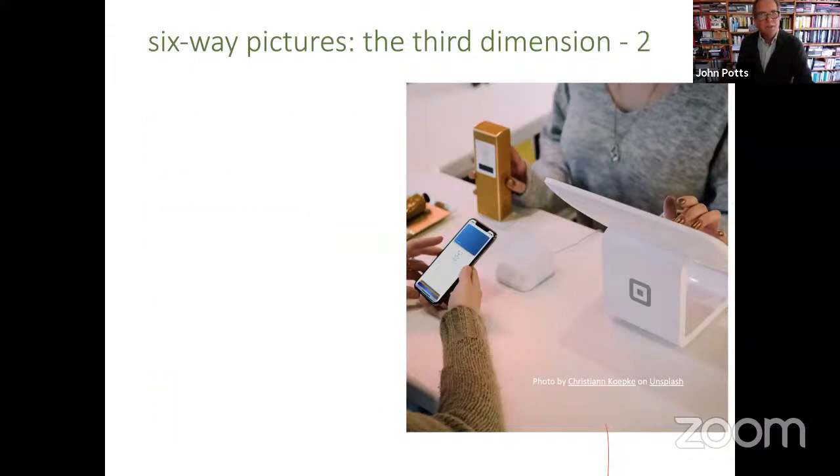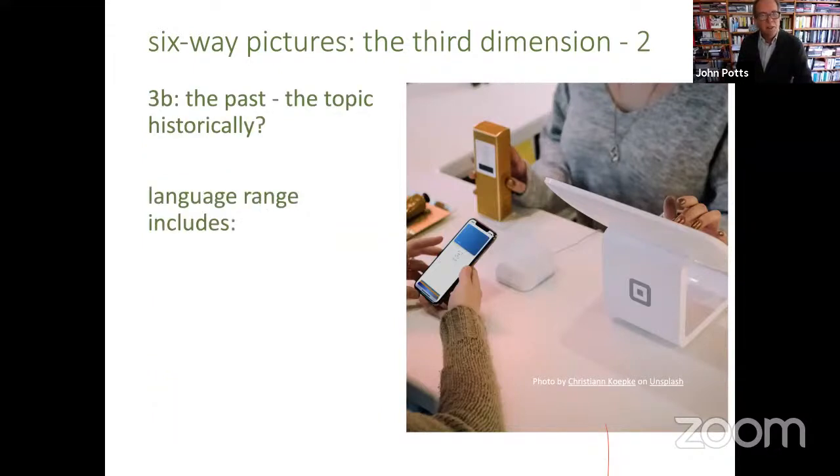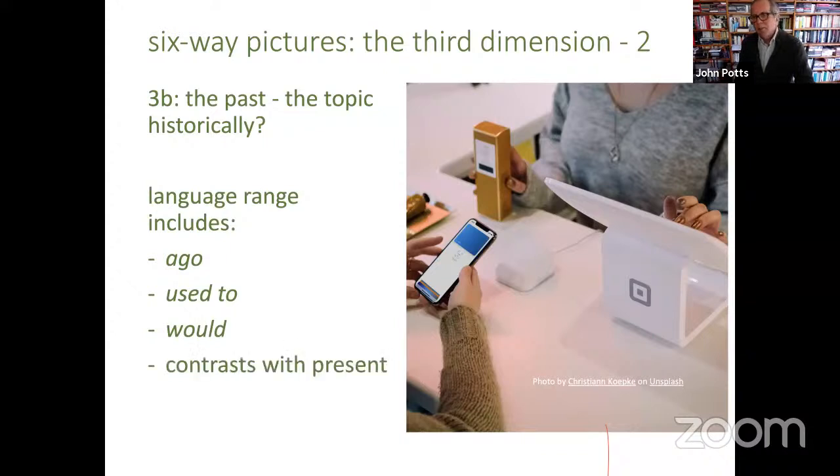Whereas if we look at the past historically, we're going to use words like ago. 20 years ago, people used a lot more cash. 100 years ago, people used the barter system. People used to pay in cash a lot more than they do now. In the past, people would pay in cash. And contrast that with the present.